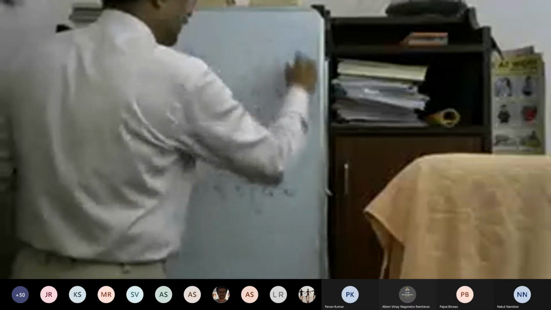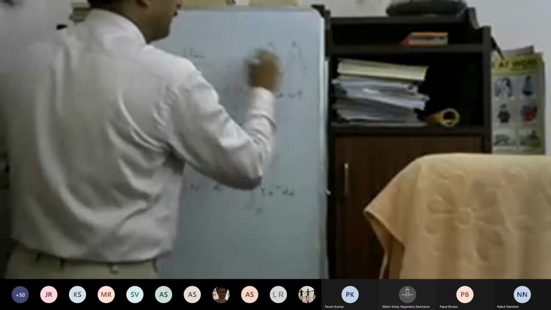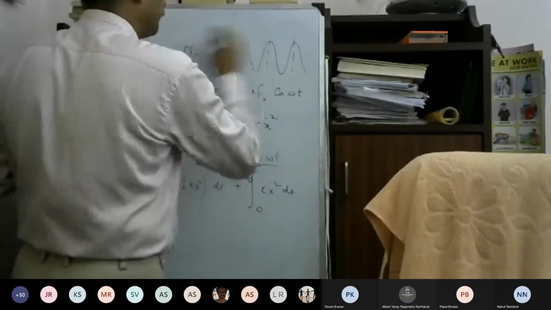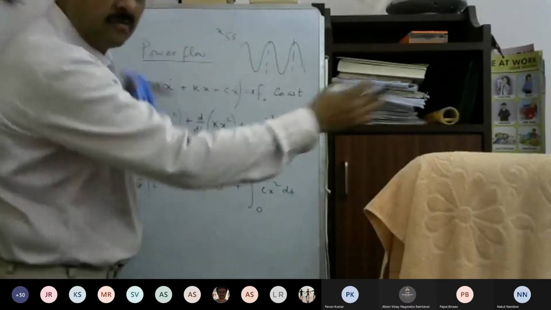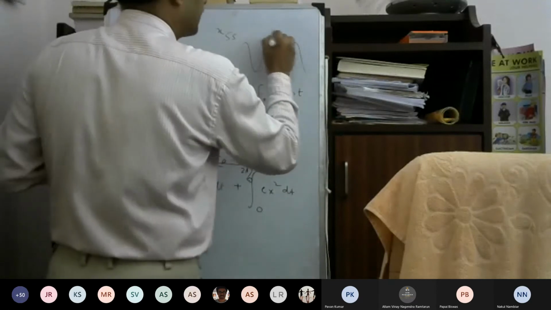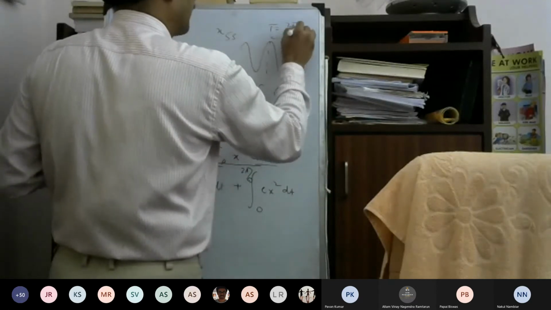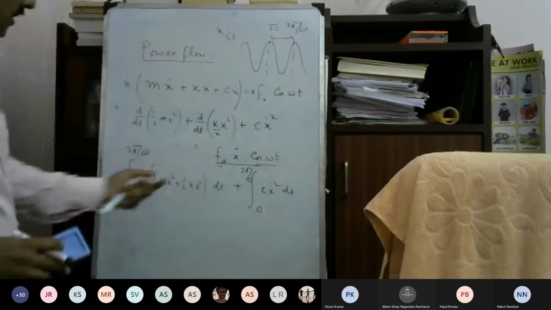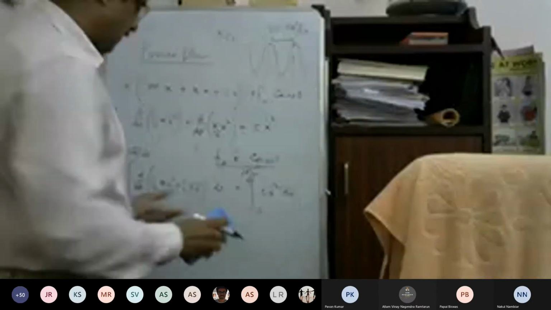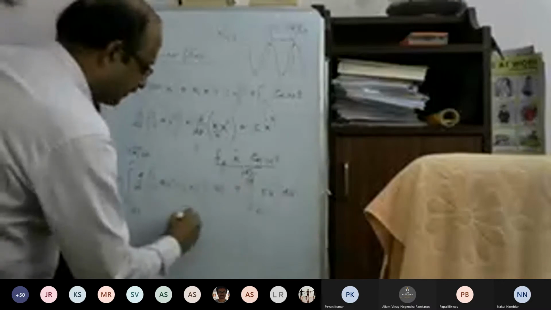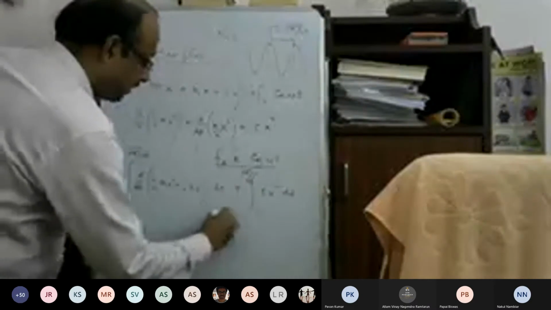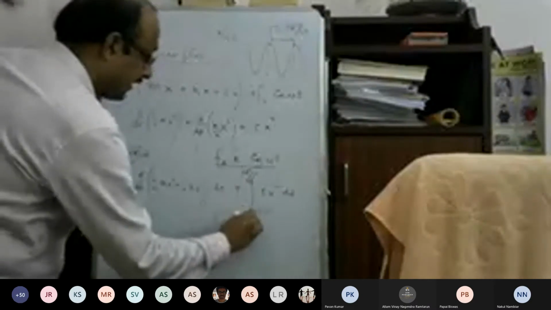So what I want is, suppose a steady state is going on, I am considering only one time period. So this is the steady state. Okay, steady state. Transient is now gone. In the steady state, we have this time period T equal to 2 pi by omega. So I am considering this integral over this particular time period. And we have now f naught cosine omega t x dot dt.